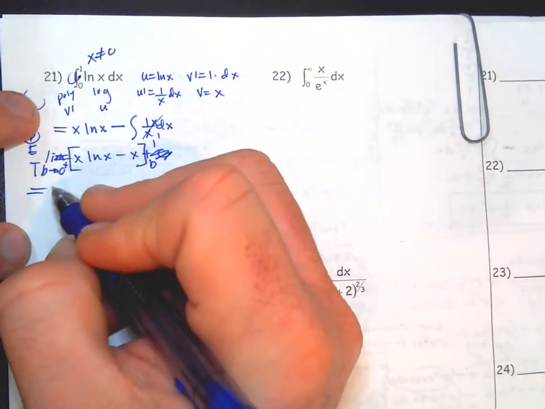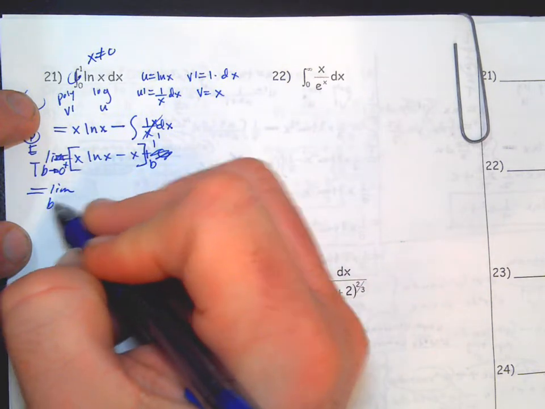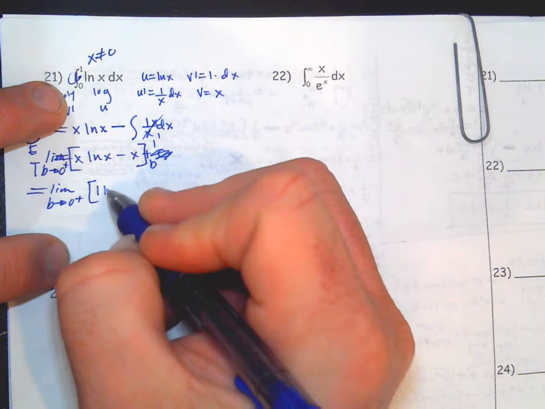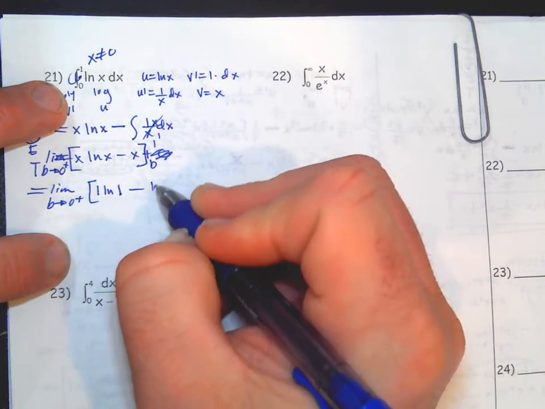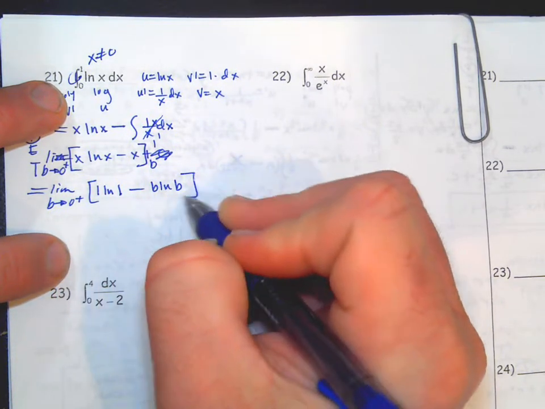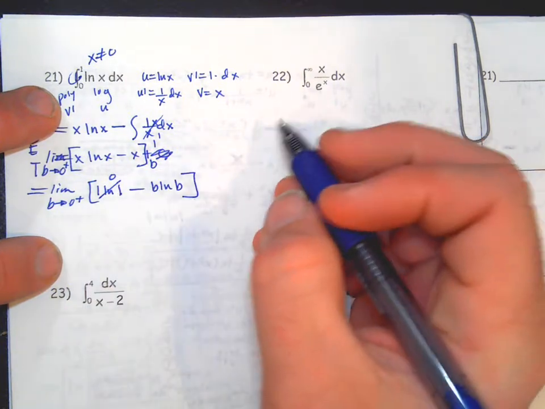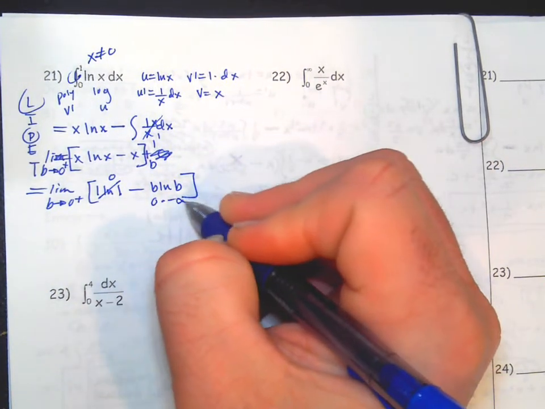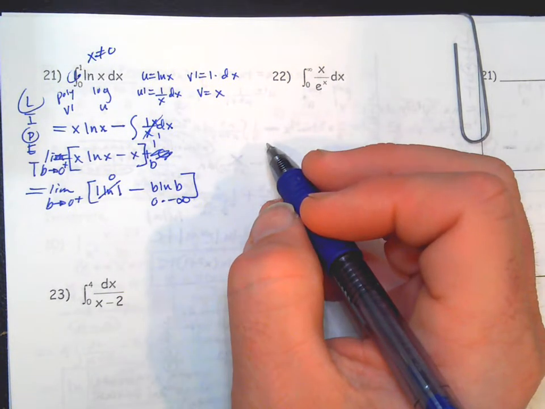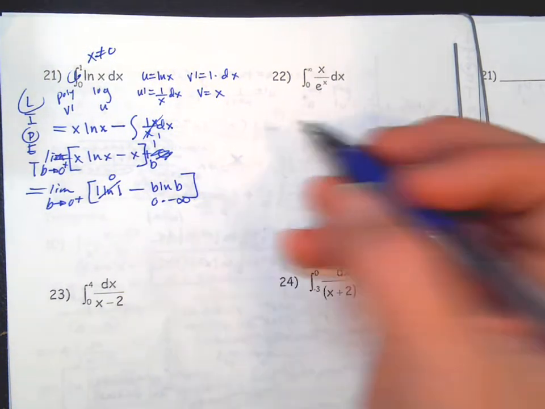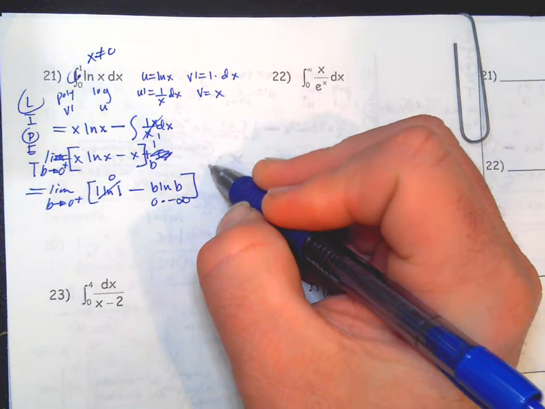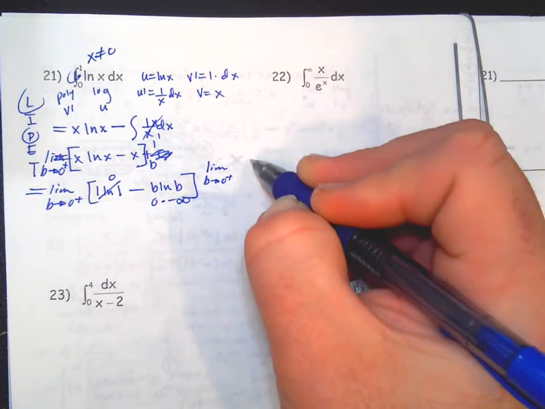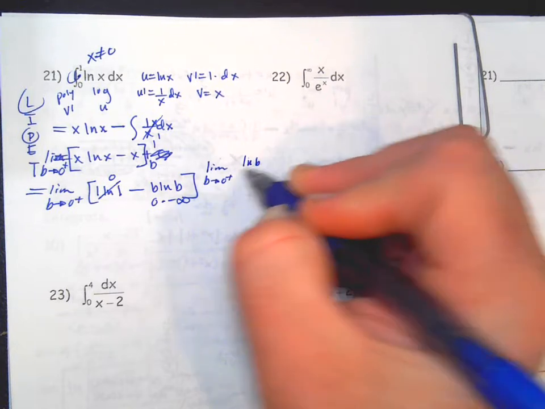And so this would be the limit as b approaches 0 from the right side of 1 natural log of 1 minus 1, minus b natural log of b plus b. This is going to be 0. This is going to be 0 times negative infinity, which is an indeterminate form. But we can't use L'Hopital's rule yet, so we have to change it to natural log of b over 1 over b.